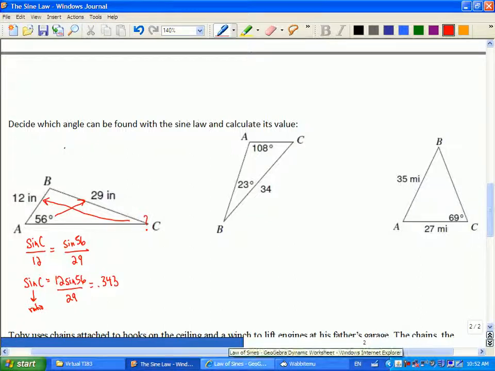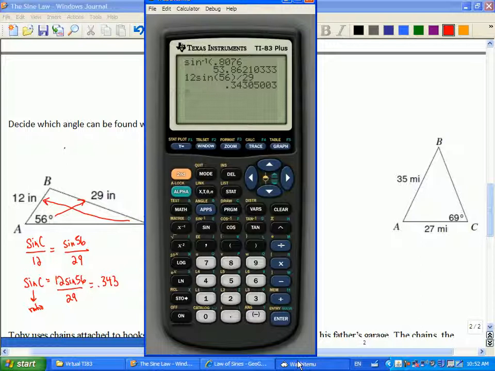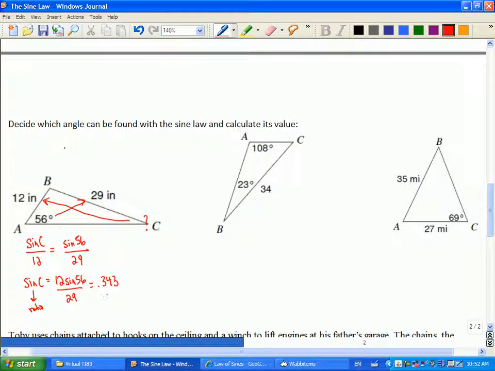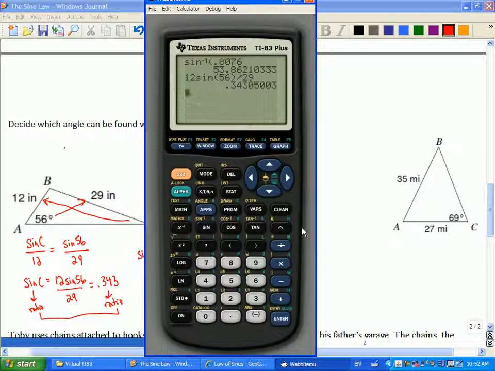That's right, okay. Yeah, so now this is my ratio that I've got. Right? These two are ratios. I want the angle, so you have to use sine minus 1, the inverse sine, and that'll tell us what the angle is.